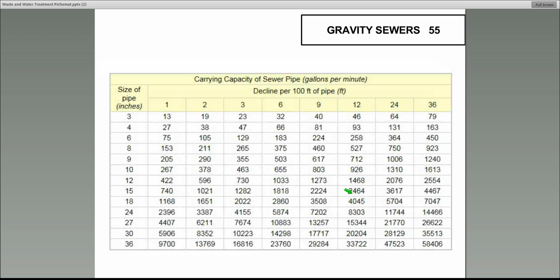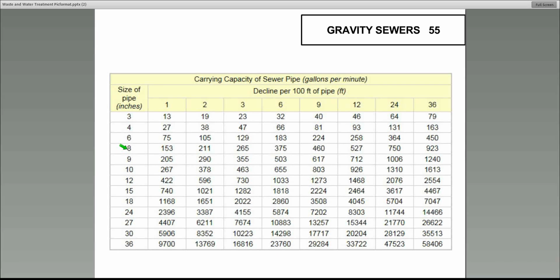The carrying capacity of the gravity sewers. Here's the gravity sewers. Remember that for the cities, 8 inches, this 8-inch diameter is the minimum.